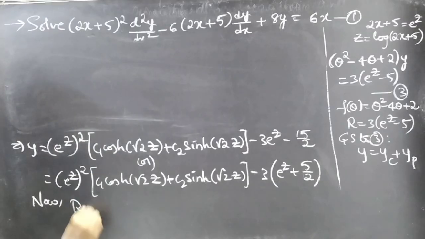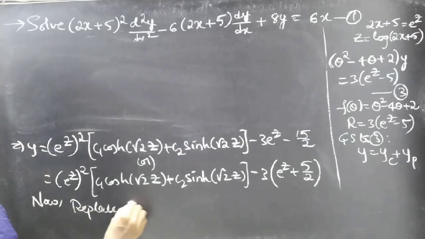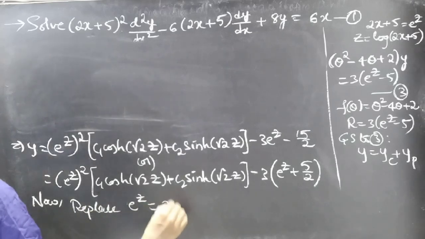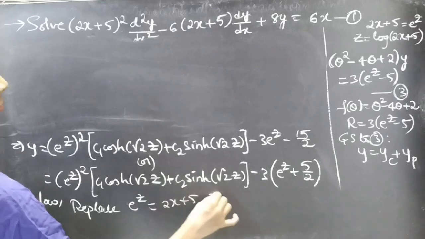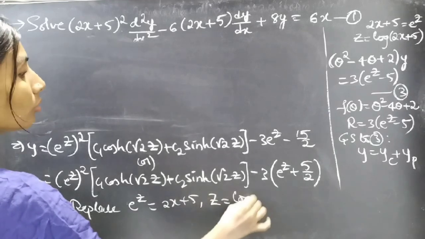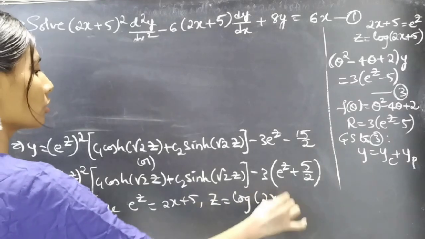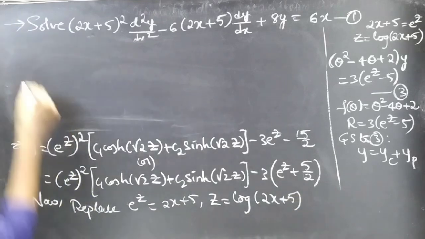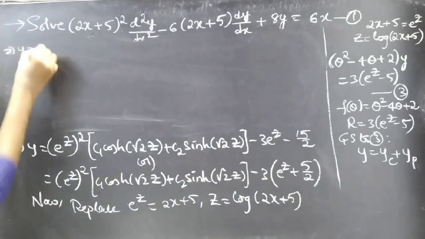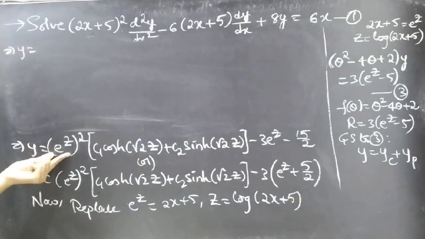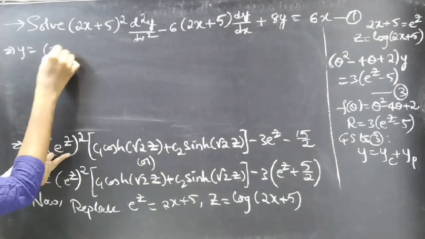Replace e power z by 2x plus 5 and z by log of 2x plus 5. Then y equals, you have e power z, so replace it with 2x plus 5.